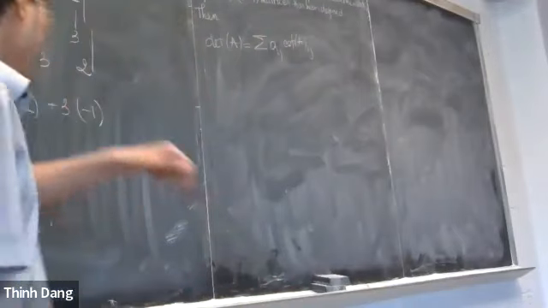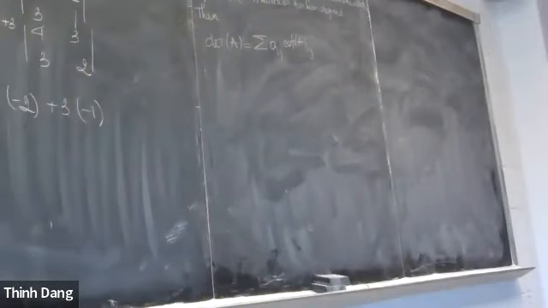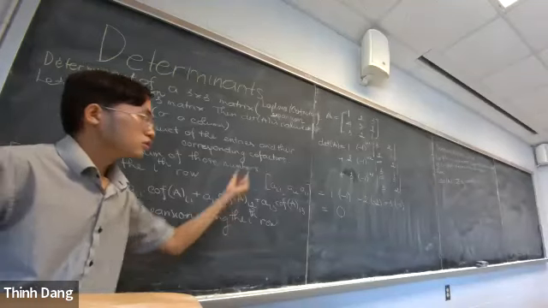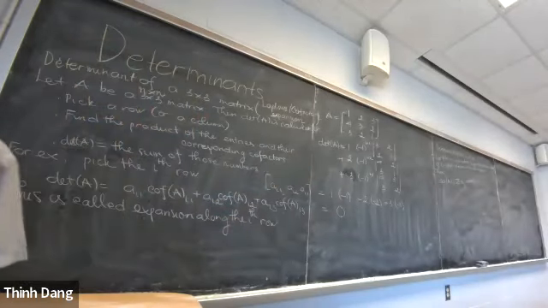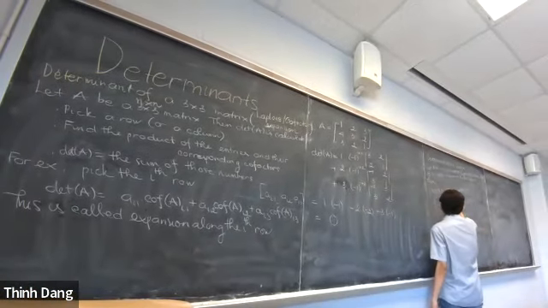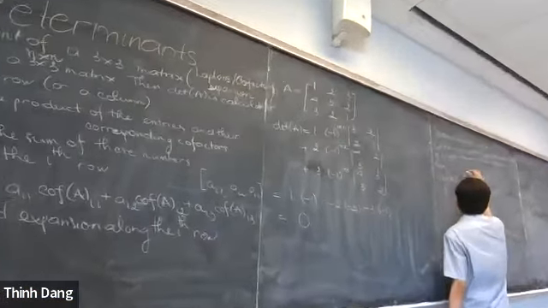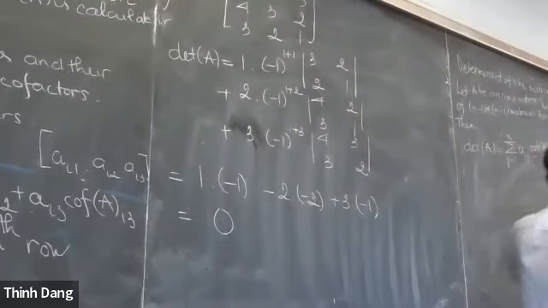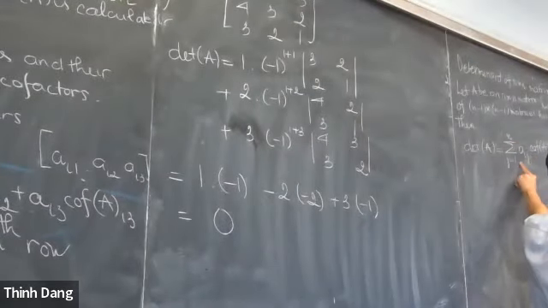So as you can see here, we can expand along a row or a column. So we will have two formulas for that definition. If you take the sum from j equals 1 to n, we are fixing the i, and i stands for the row.